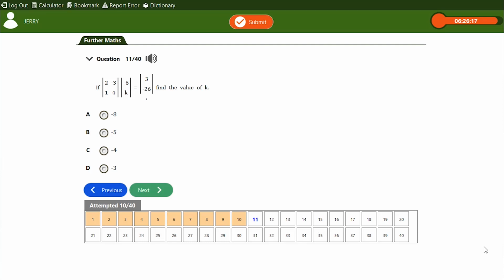Having seen this, we need to find the value of k. Let's write this down.